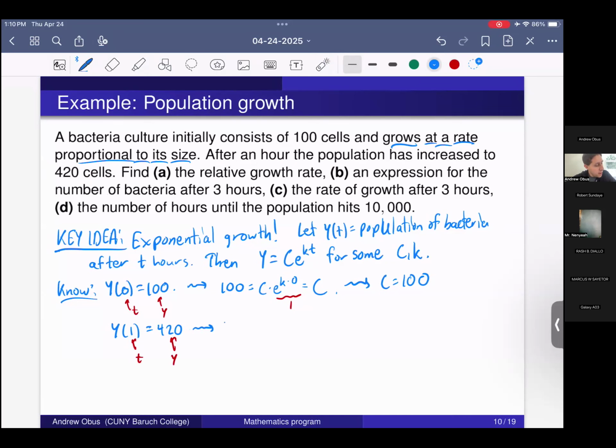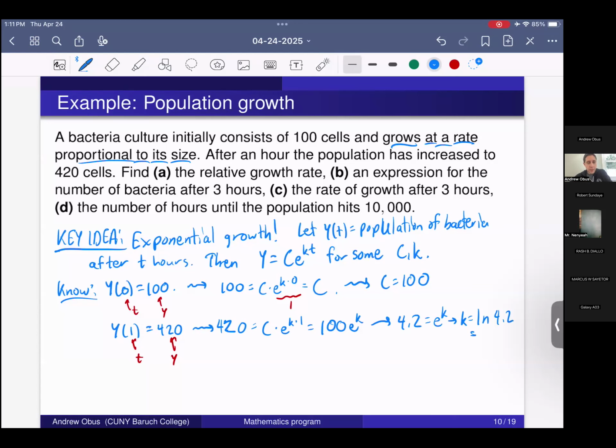So this tells us that 420 equals c times e to the k times 1. But c is already 100, so that's 100 e to the k. Or in other words, 420 divided by 100, so 4.2, is equal to e to the k. And the way we solve this is another way of saying that k is equal to the natural logarithm of 4.2.